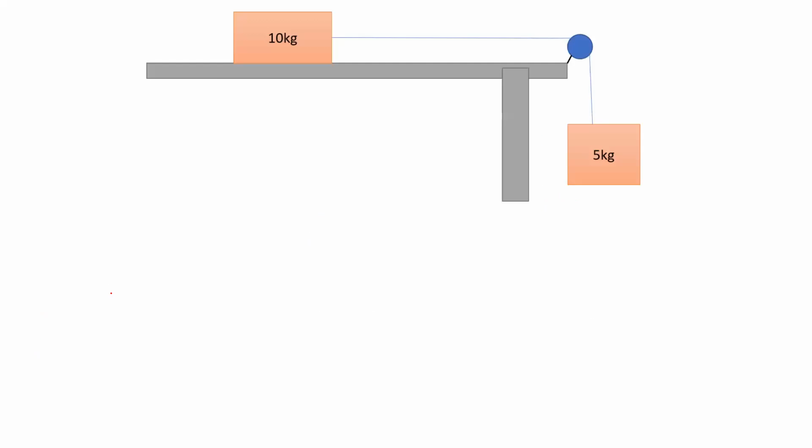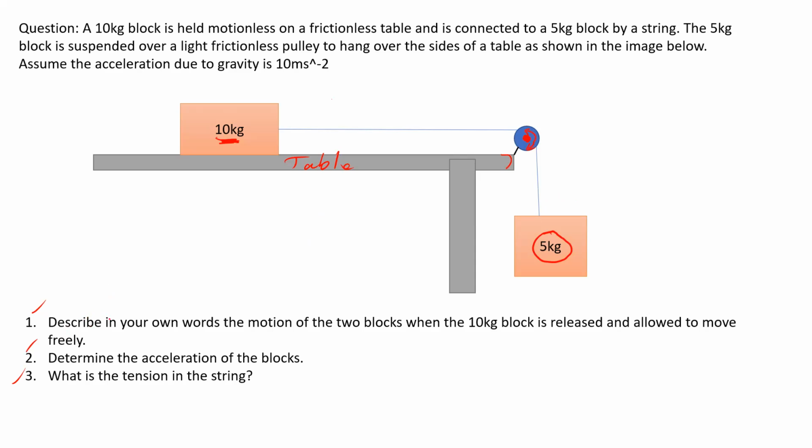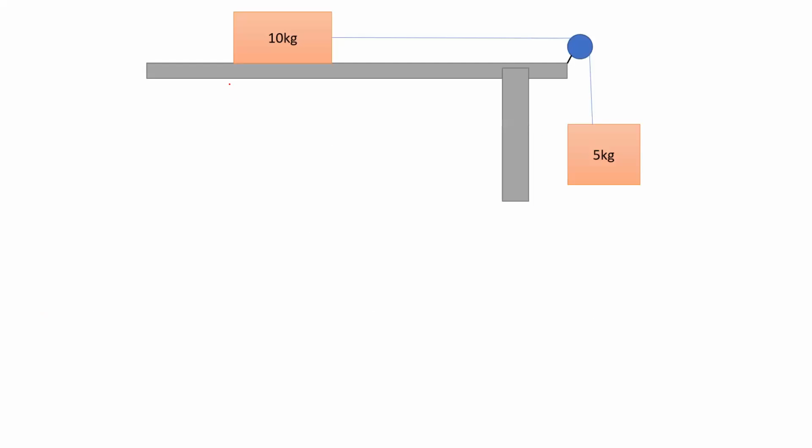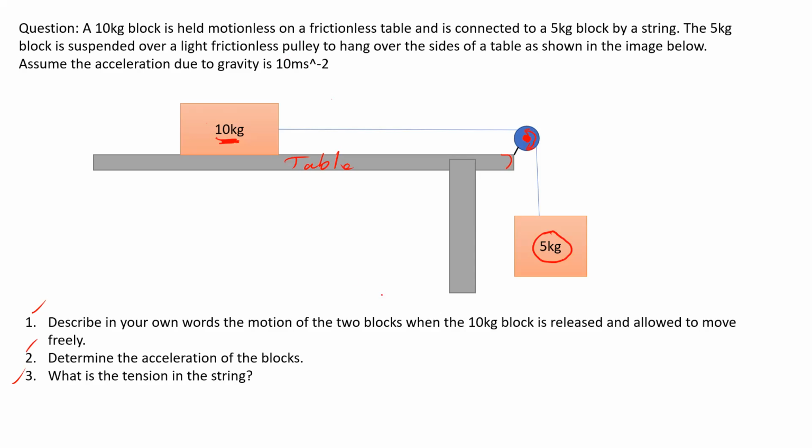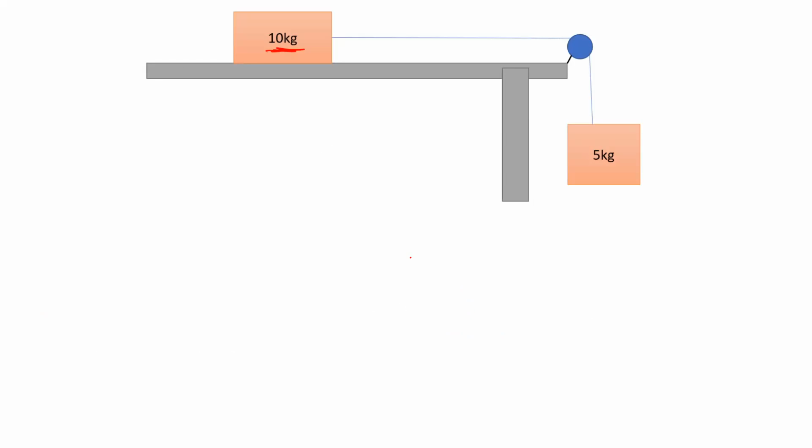So the first question is, describe in your own words the motion of the two blocks when the 10 kilogram block is released. The 10 kilogram block is actually on top of the table. So I want to know what will happen to the motions of the two blocks when the 10 kilogram block is released and allowed to move freely.